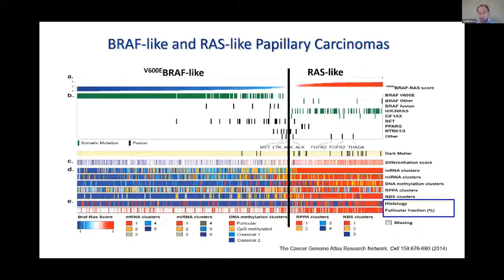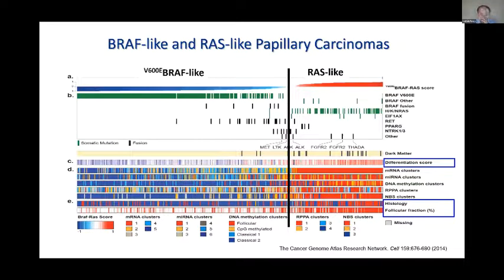So these tumors morphologically can be predicted and are associated with different phenotypes. RAS-like tumors are mostly follicular pattern tumors, so follicular variant of papillary carcinomas, whereas BRAF-like tumors are classic PTCs or tall cell variant.